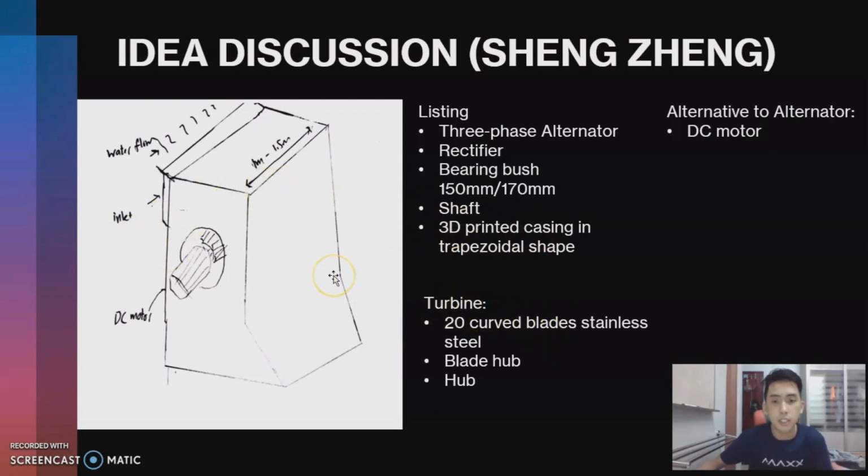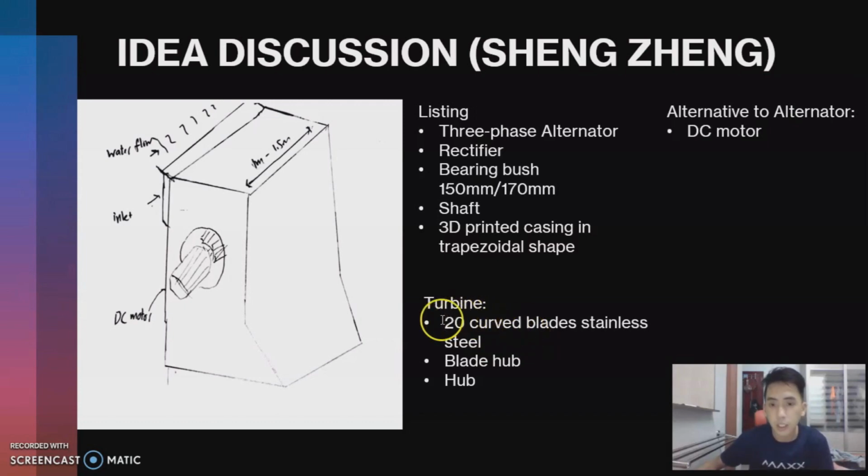So for the turbine, we need at least 20 curved blades made of stainless steel to avoid corrosion.